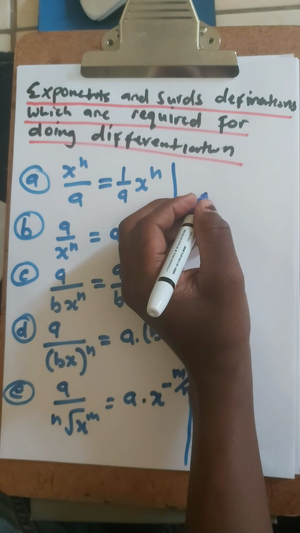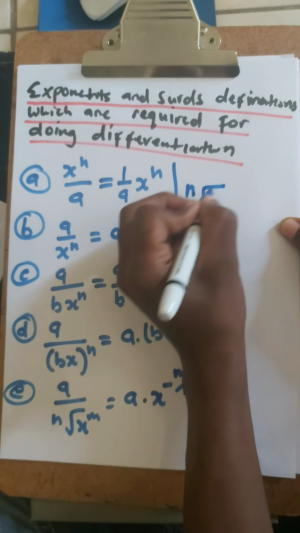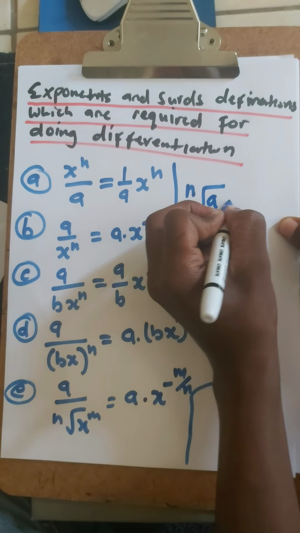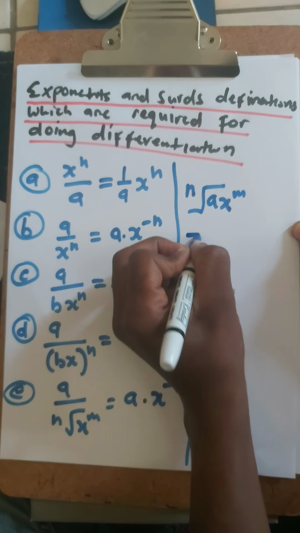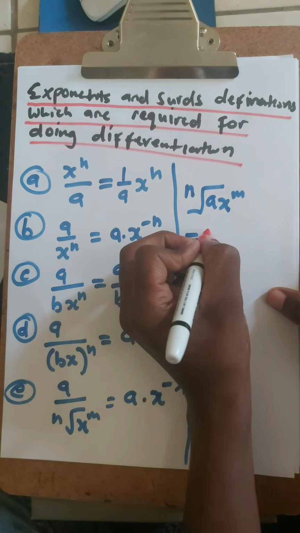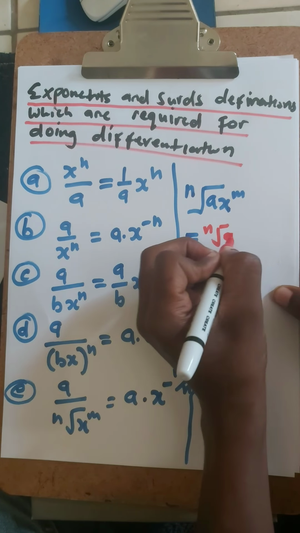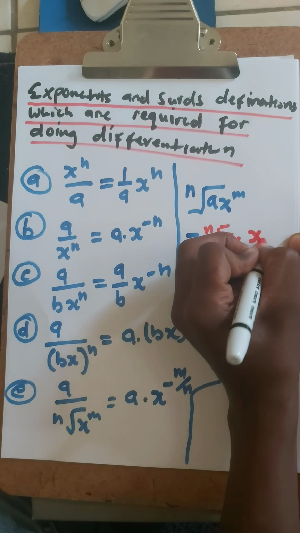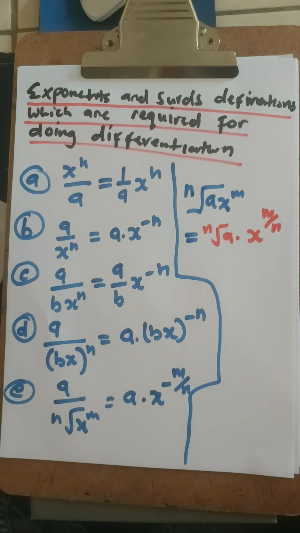The last one is f, the nth root of a x to the m. This one is just a constant multiplied by x to the m over n. Then it's very easy for me to differentiate when something is like this.